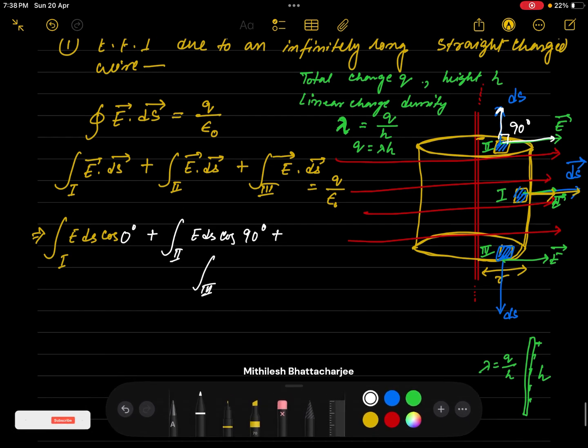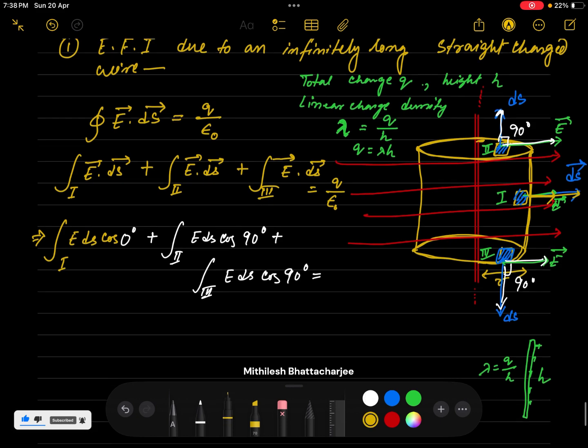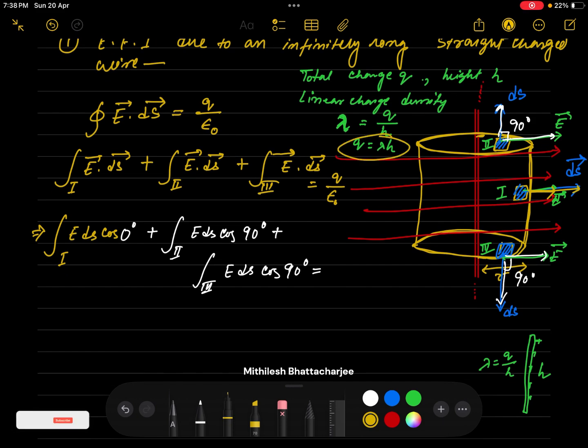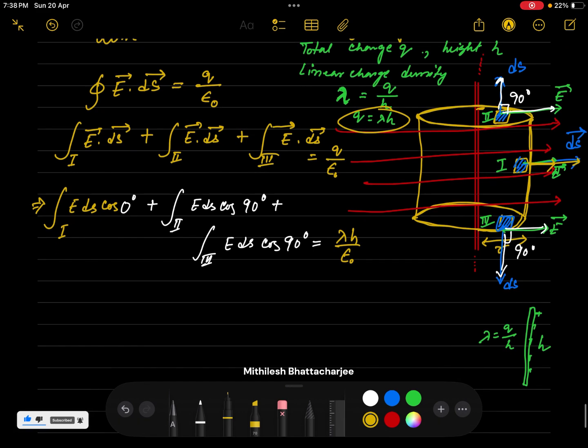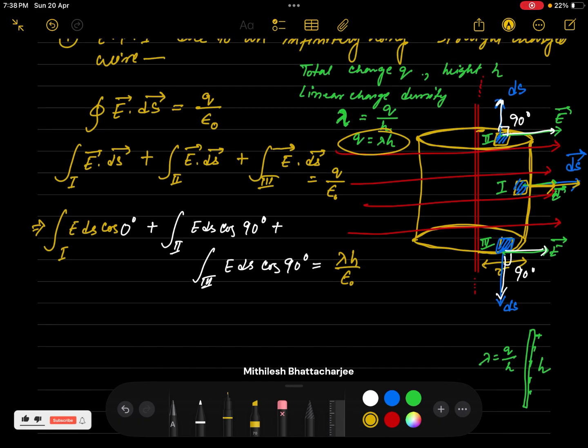Plus for the third surface, E ds cos, ds is this side, so this is 90 degree. This equals q replaced by lambda into h, so lambda h by epsilon. Correct? Now cos 90 degree is how much? Cos 90 degree is 0. So this will be 0.